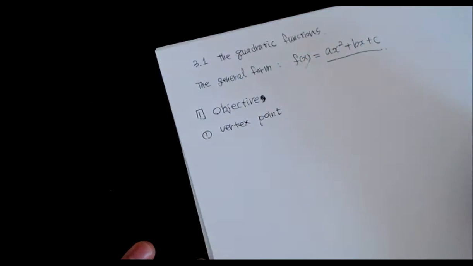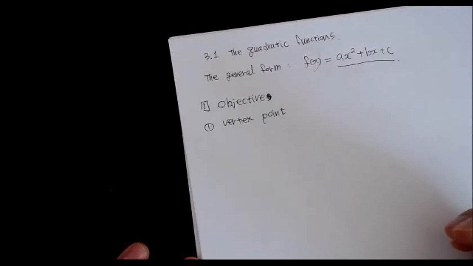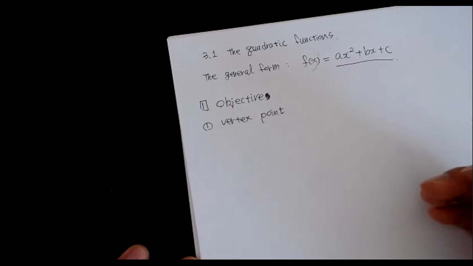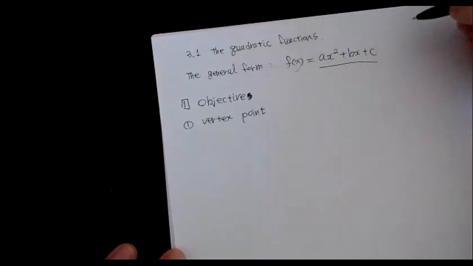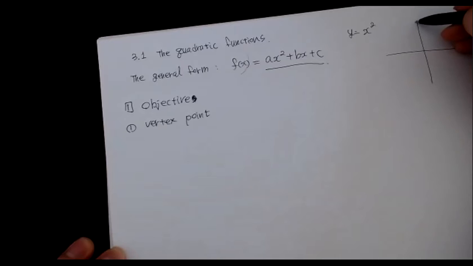Okay, so what's the vertex point? We have seen one example of a quadratic function, the square function in 2.1. Remember that y is equal to x squared. The graph of x squared was a parabola, right? Like this.